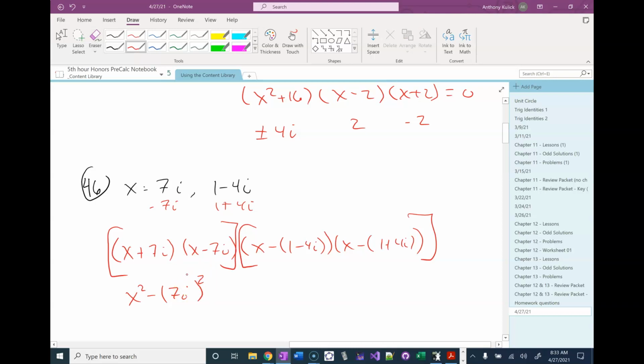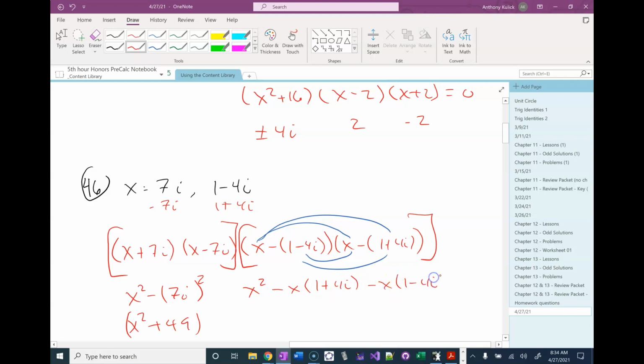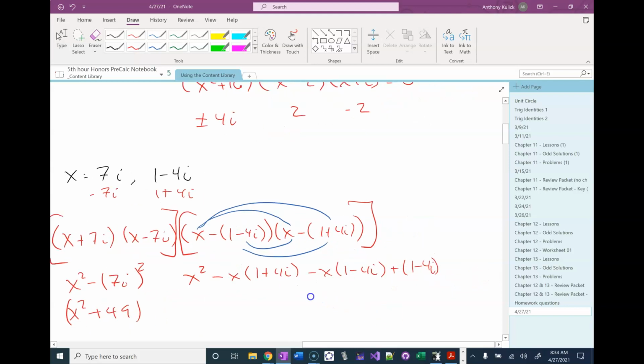So just x squared minus 7i squared. 7i squared is negative 49, so that'd be x squared plus 49. And then this one will distribute out just like we did before. So I'm going to have x squared, and then negative x times 1 plus 4i, and then negative x times 1 minus 4i, and then plus 1 minus 4i times 1 plus 4i.